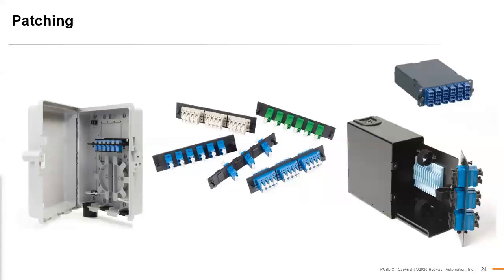And on the left hand, that's a NEMA 3 box, which has the coil in it for you to bring in the fiber and wrap it around to have your service loop, and then go plug in. And you notice each of these boxes have one of these little pieces that we show in the middle, which is basically a connector on both ends. It's a board that's got double-sided connectors on it to connect your fiber on the one side, your bulk fiber, and then connect your patch cord on the other.